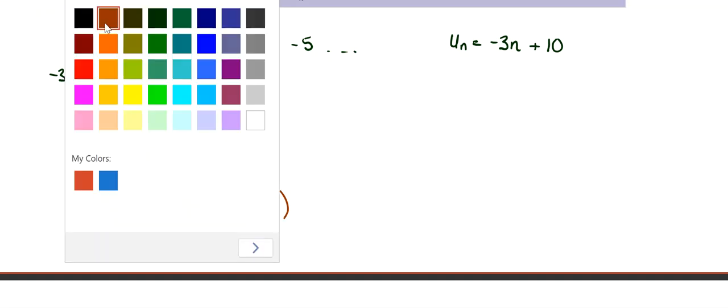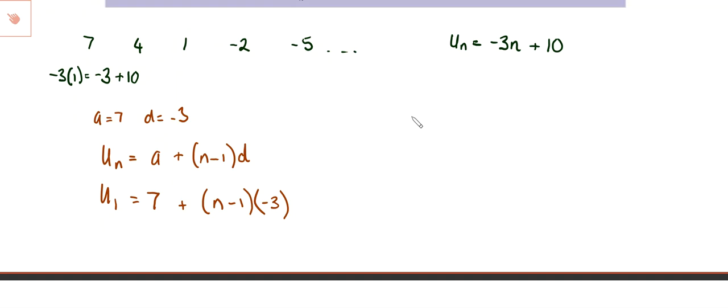So, what do we do? I'm just going to rewrite it up here, so that's Un. Un equals 7 plus, I'm going to put it the other way around, -3 times n minus 1.